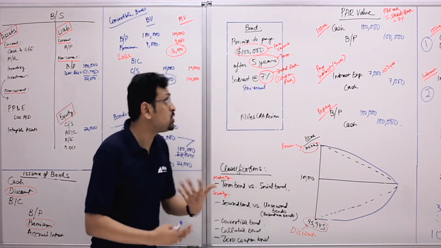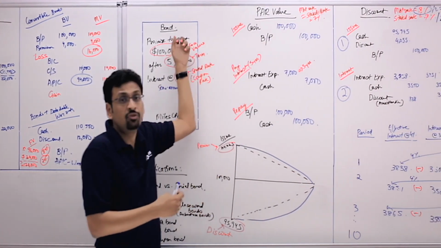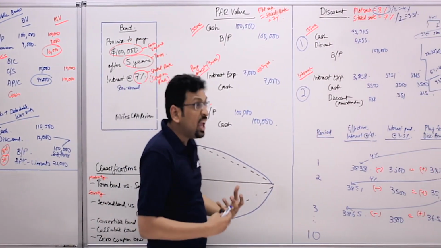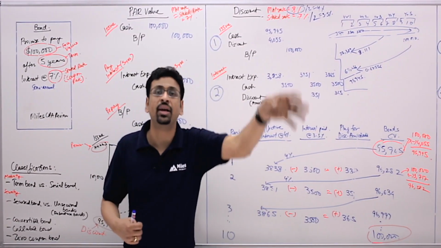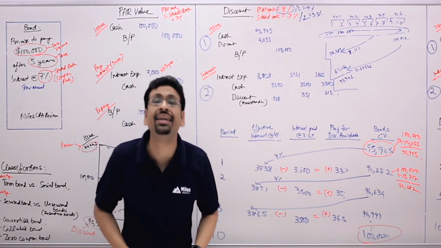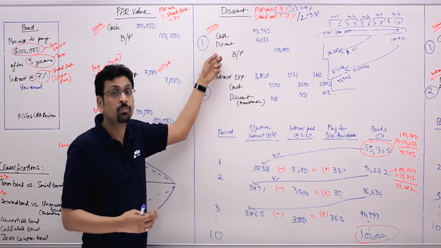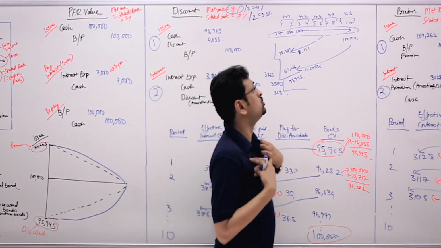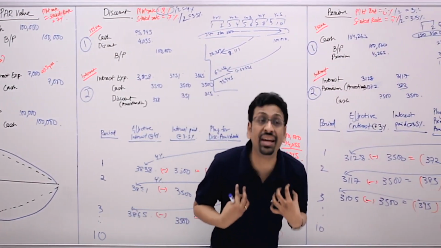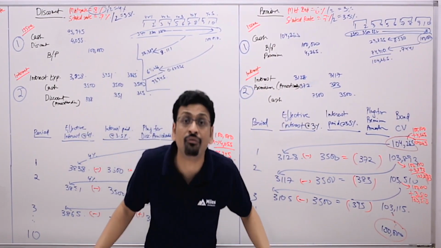Now we could be issuing the bonds at par, so now we're collecting in cash equal to the face value of the bond. But if our bonds were offering a lower rate than the market, that means the market was offering a better deal, then we would have to issue our bonds at a discount. But again, if our bonds are offering a better rate than the market, stated rate more than market, then we would naturally charge a premium for our bonds.